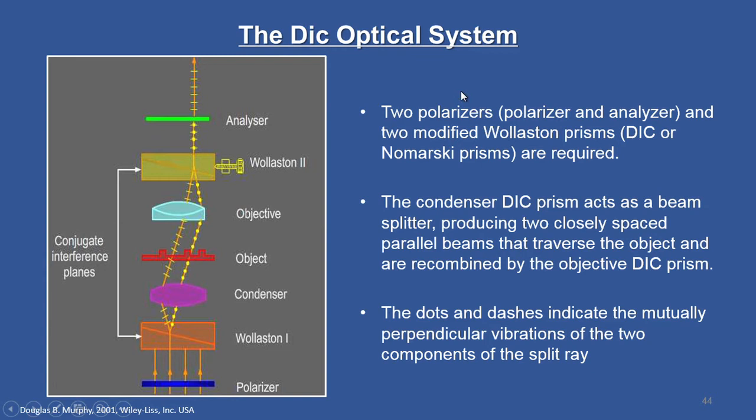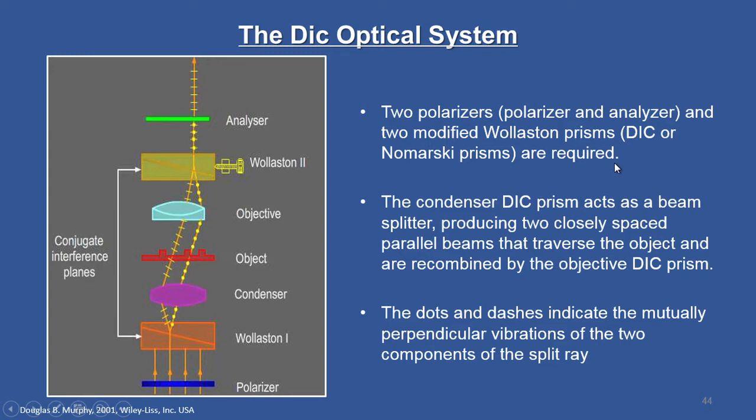We will now look at the DIC optical system. It is similar to what we have already seen. Then what is new here? We will see. Two polarizers, that is polarizer and analyzer, which we are familiar with already, and two modified Wollaston prisms, that is DIC or Nomarski prisms, are required.